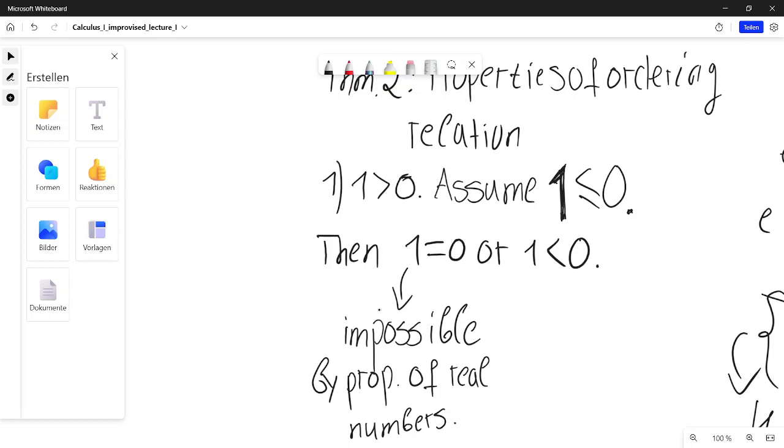Okay, we also defined that it is impossible, but I also said that it is derivable.